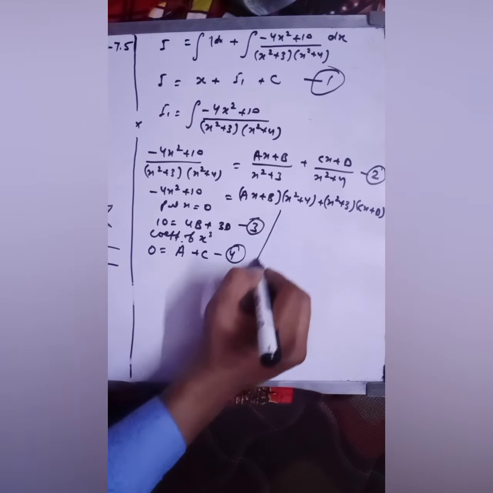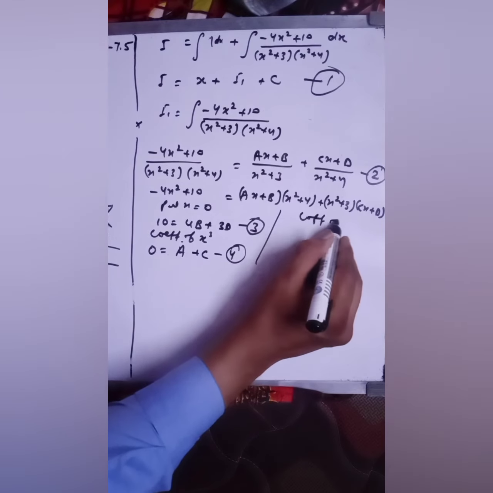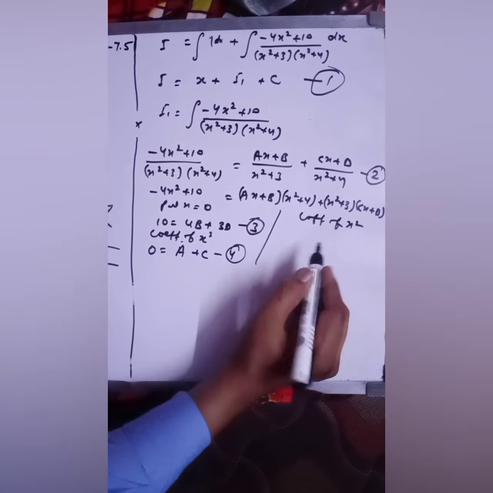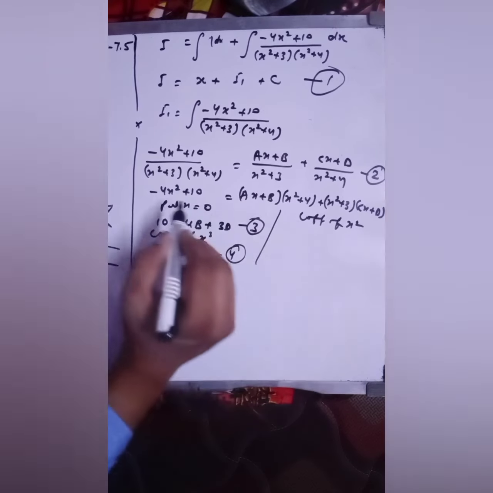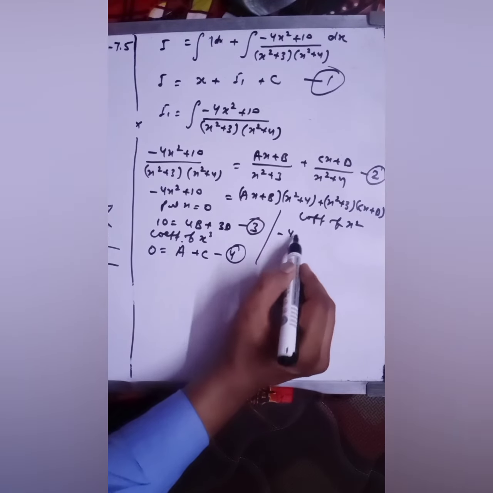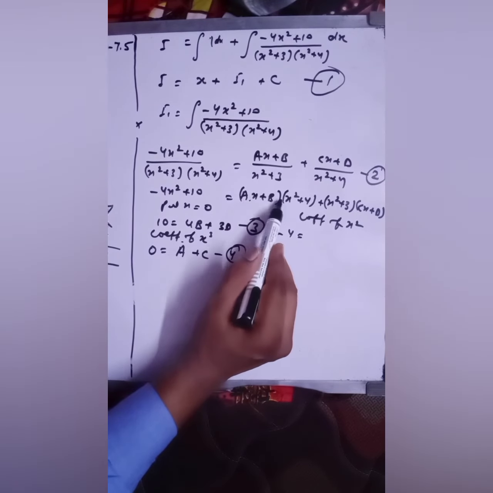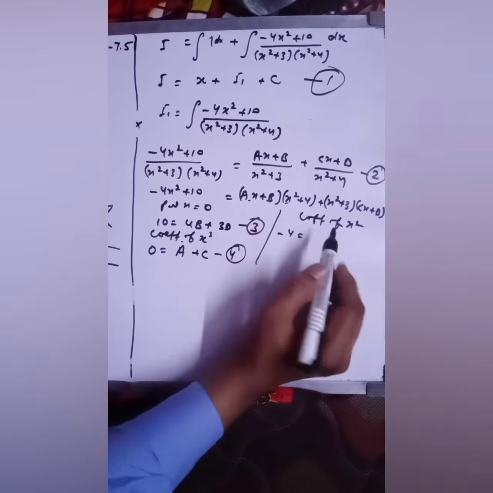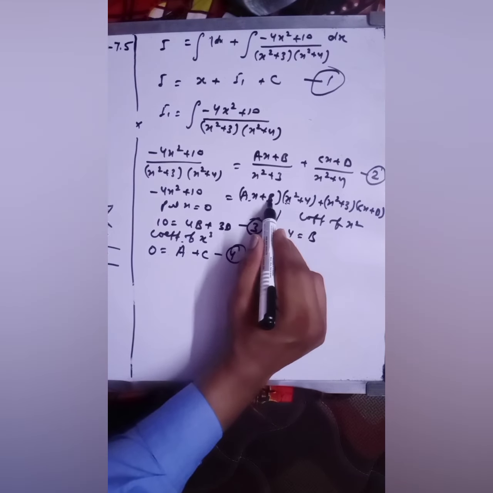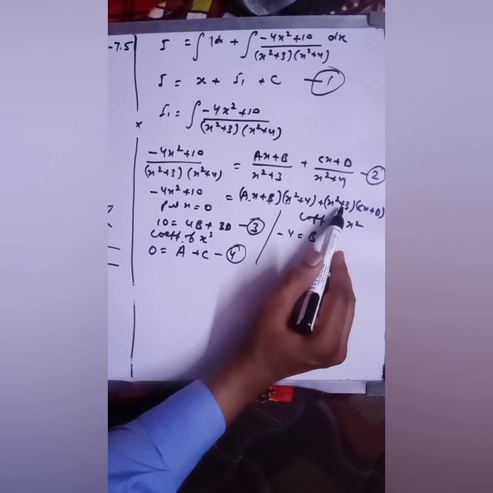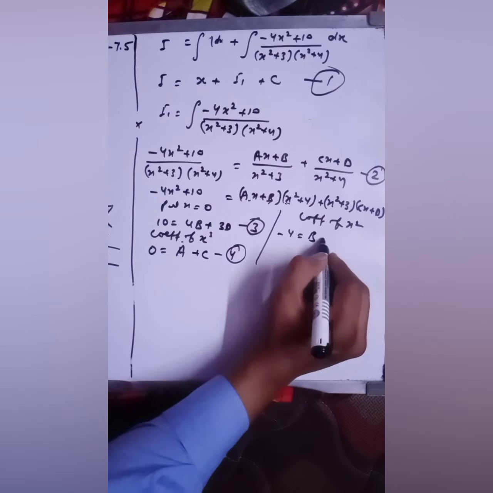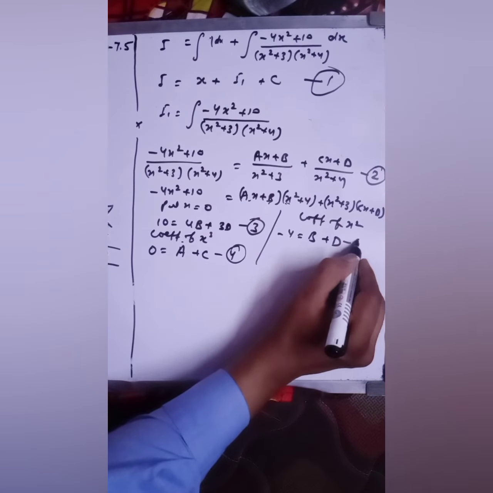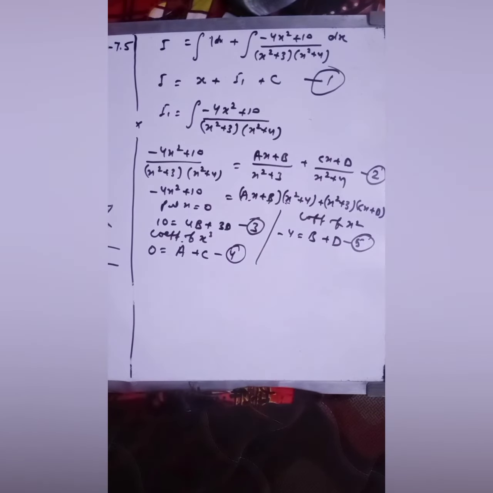Now we are comparing the coefficient of x square. Here the coefficient of x square would be minus 4. Ax will multiply, there is no coefficient of x square. So when you multiply with b, you will get the coefficient b, so the coefficient of x square would be b, and here the coefficient of x square would be d. So this is your equation number 5. Fine.